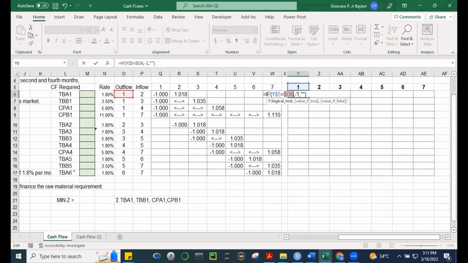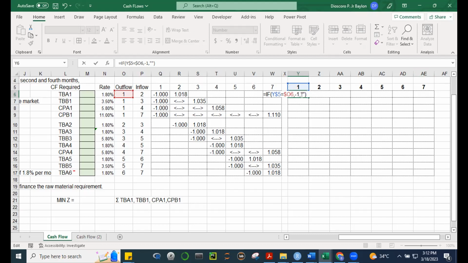It should be $O6, all right? So when we copy this elsewhere, it will always be at row 5, and it will always be at column O. Okay, so let's first test this.